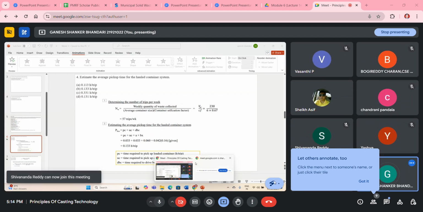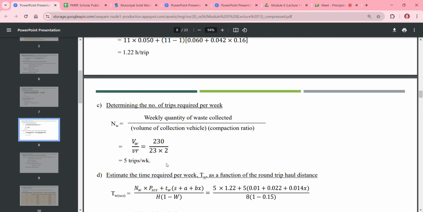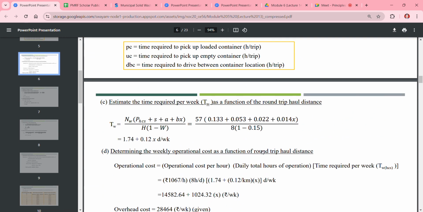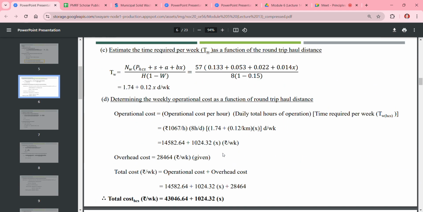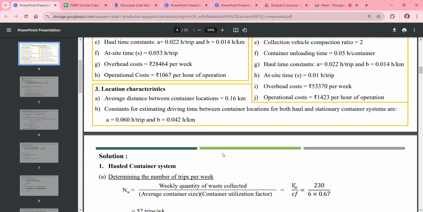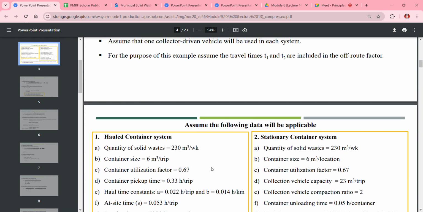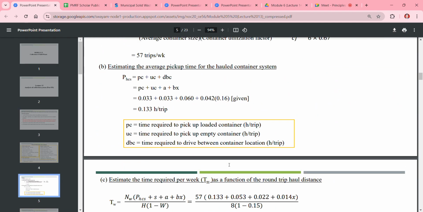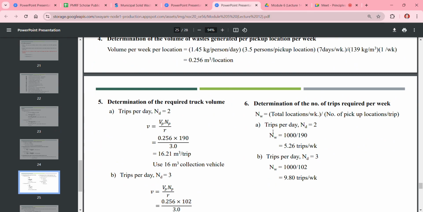We will see it. Let me check. I am also a little bit confused about W. I think that 0.15 is the factor of 15% we had talked about for our offsite.